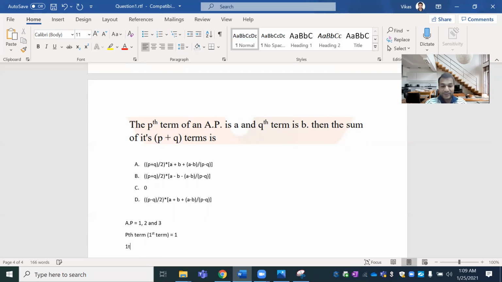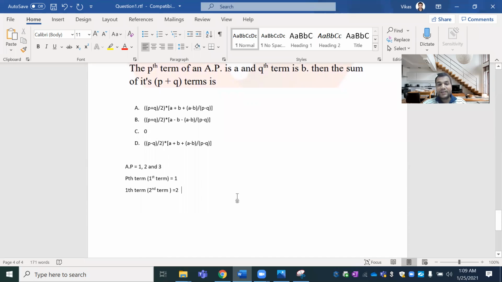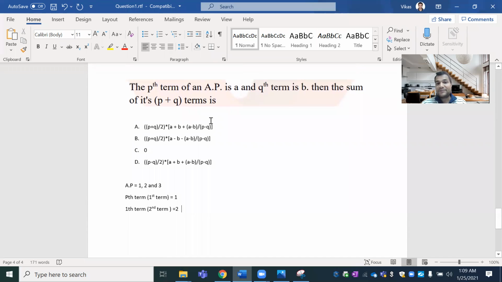Then the qth term, let's take it as the second term, and the value is 2. So if the pth term of the AP is A and the qth term is B, that means the first term is 1 and the second term is 2.